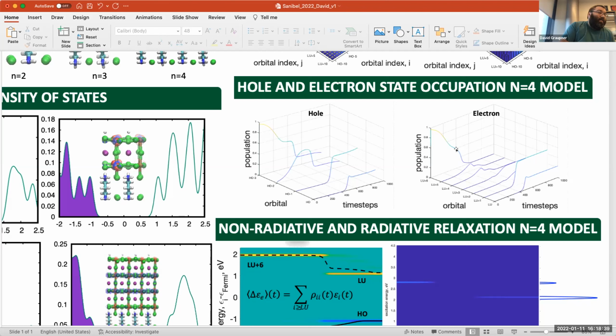The other one is the same thing, except for the electron. It was initially excited to LUMO +6, and it then relaxes toward the band edge with time. This was for the n=4 model.